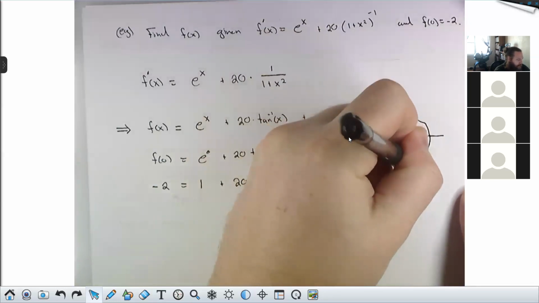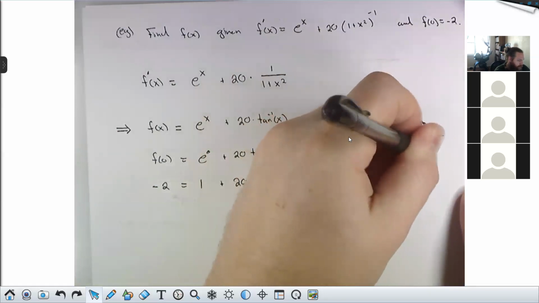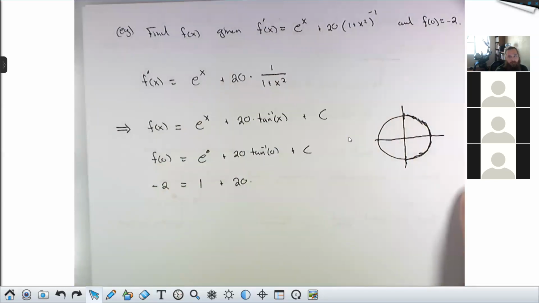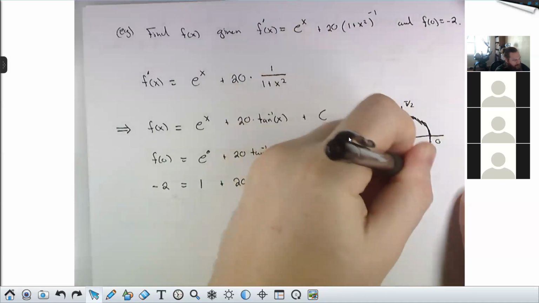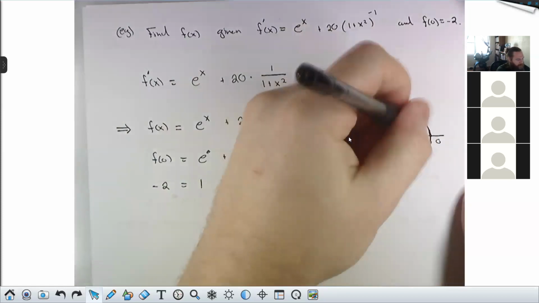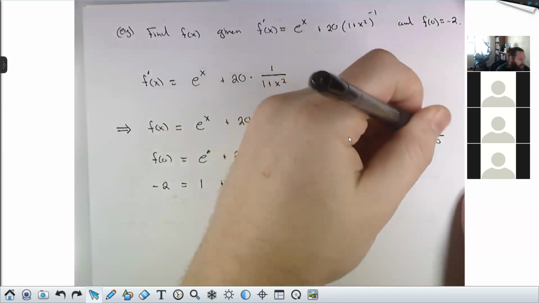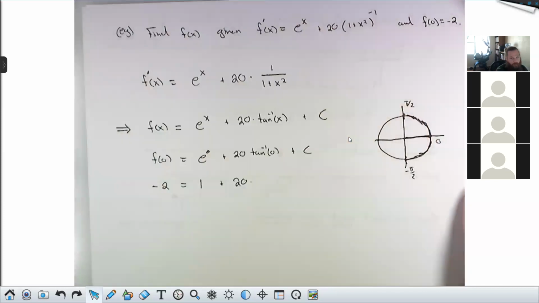Somewhere between here and here, between -pi/2 and pi/2, where is the tangent equal to 0? Remember, you can think of the tangent as being the slope of the ray coming from the center to the end of the unit circle. So it's right here at 0. The inverse tangent of 0 is 0.